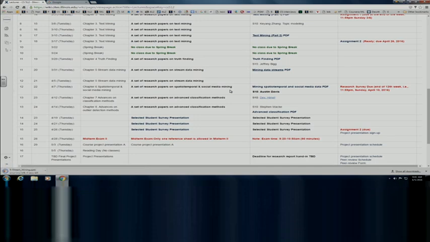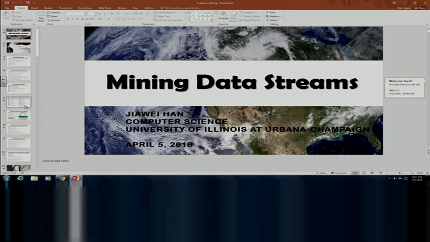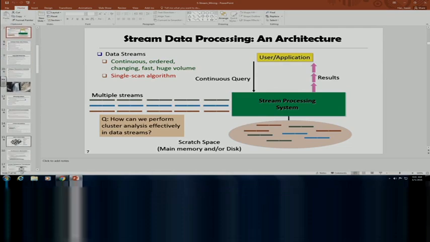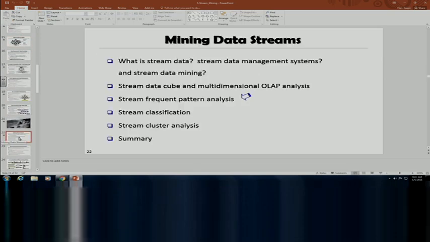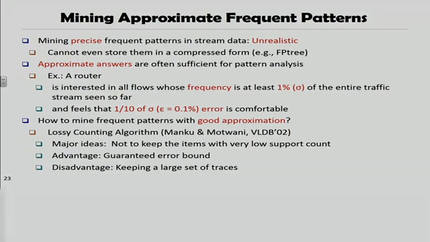Okay, so we are going to continue our discussion on mining data streams. Last time we discussed mining data streams in a summary form, like a data queue. This time we're going to discuss frequent pattern analysis. Last time we said that frequent patterns are needed because you want to get the statistics, say which item, even for a router, which IP address or which particular one is frequent.